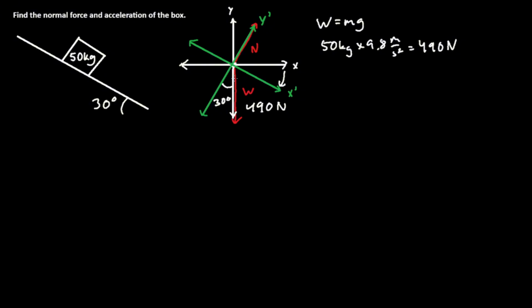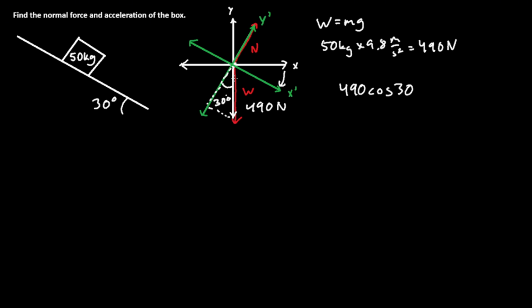Well, your weight force is 490 newtons, and your normal force is unknown still. But what you can actually do is solve for the cosine, or the y component of your weight force here, by multiplying 490 by the cosine of 30.